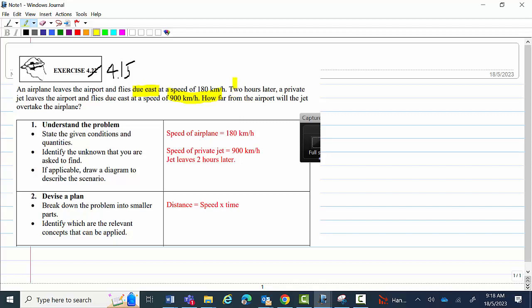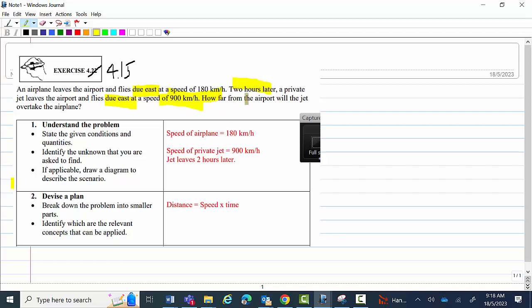Then 2 hours later, a private jet, another plane, leaves the same airport, due east again, at 900 km per hour. Same direction, also due east. How far away from the airport will the jet overtake the airplane?